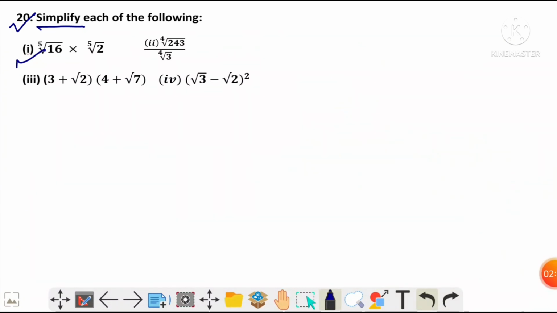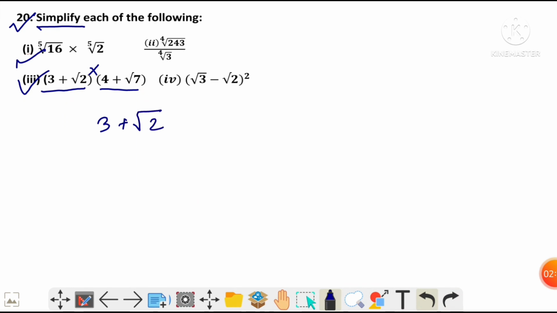Next, question number 3. We have to multiply both the numbers. Since it is a bigger number, we have to first write 3 and multiply it to 4 plus root 7, and by root 2 we'll multiply the same number, 4 plus root 7.